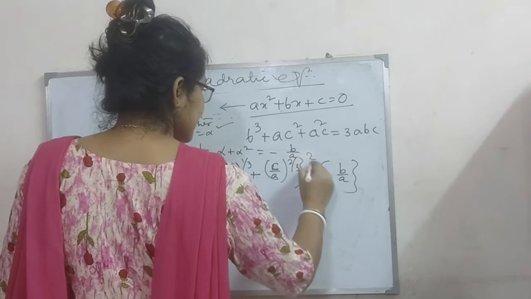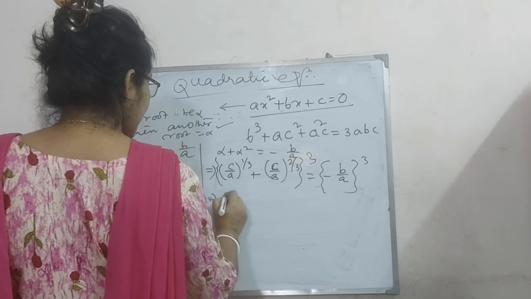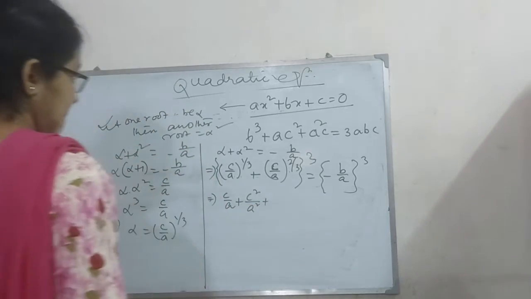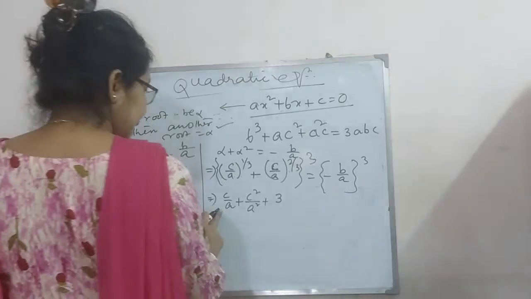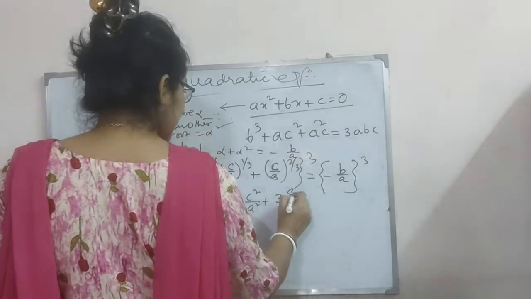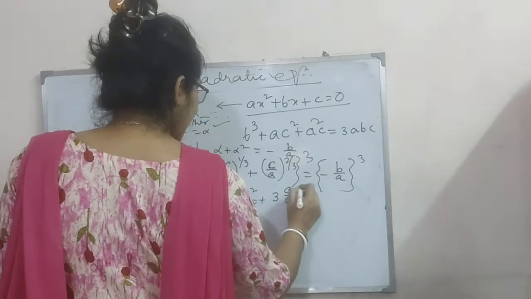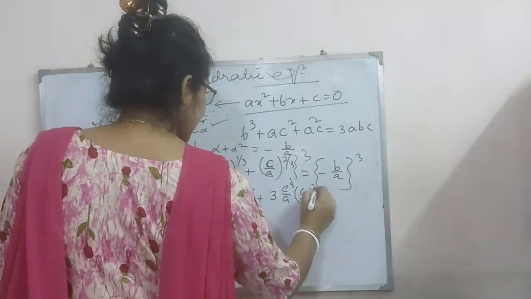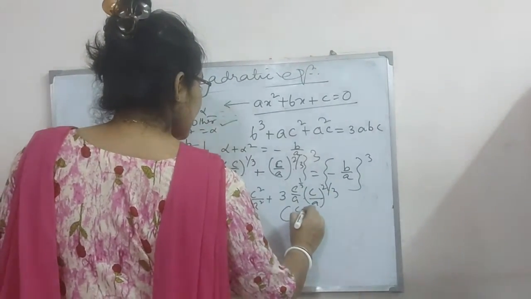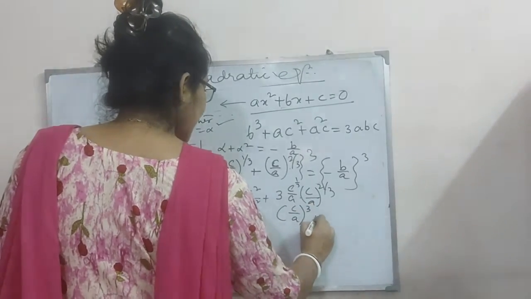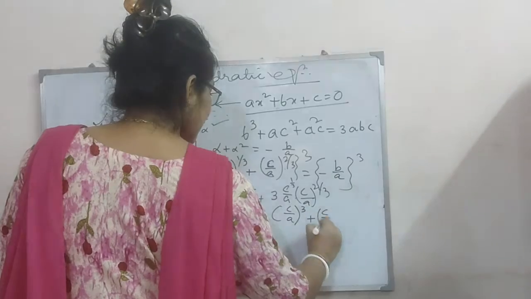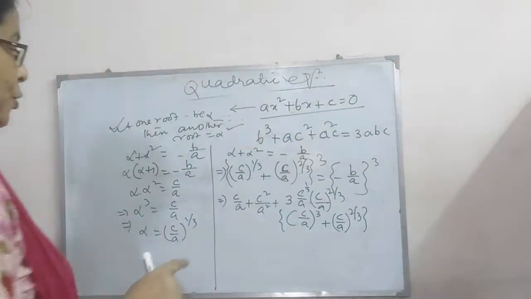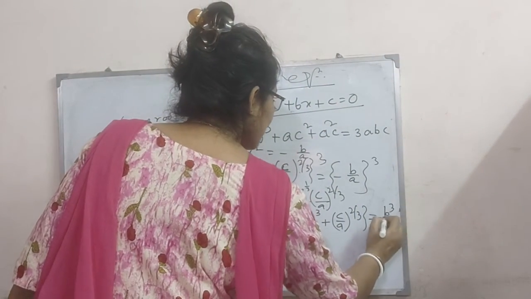Cubing on both sides, we have a cube plus b cube plus 3ab into a plus b, that is equal to minus b cube by a cube.